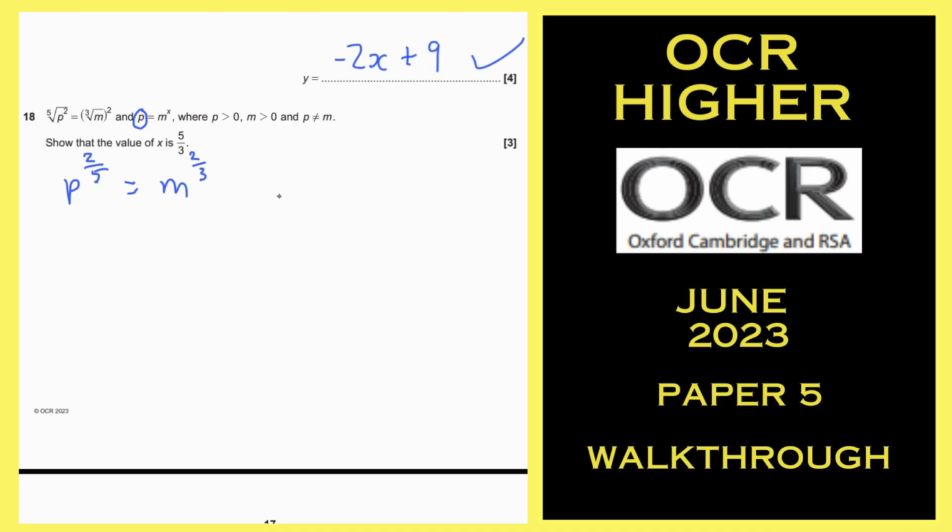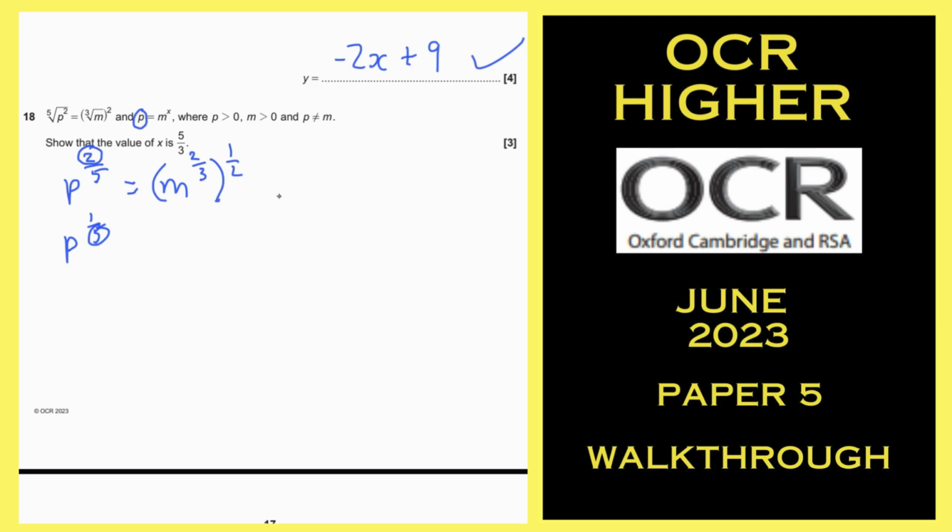Now what you can do here is you can get rid of the 2 on top, because that was squaring. If we square rooted it, it goes away on the left hand side. But that would also mean we're square rooting on the right hand side. When you're square rooting, you are raising it to the power of a half. Also, how do we get rid of the 5 on the bottom? Well, that's the 5th root.